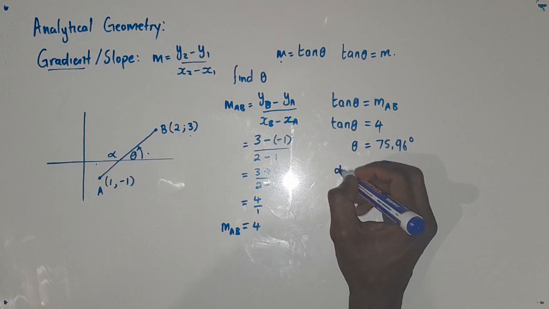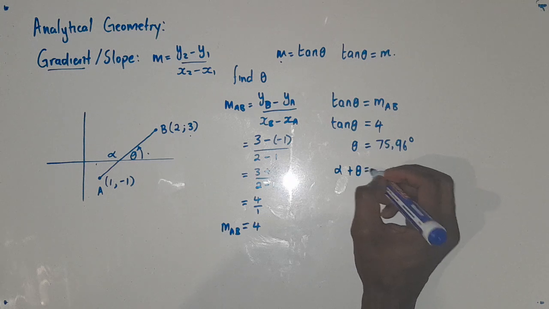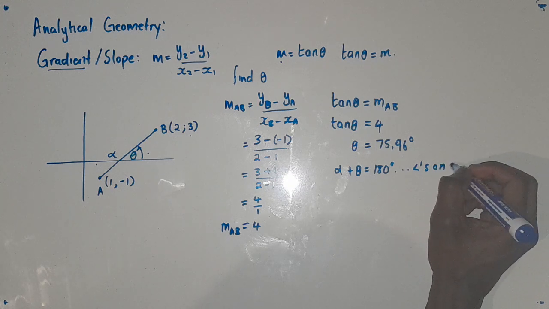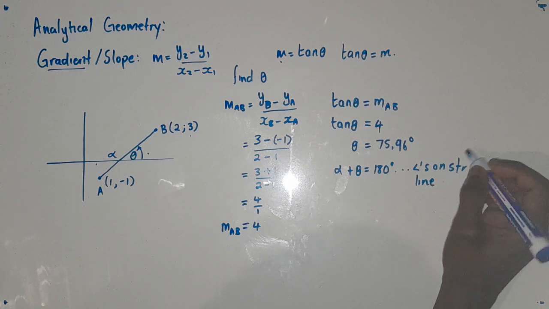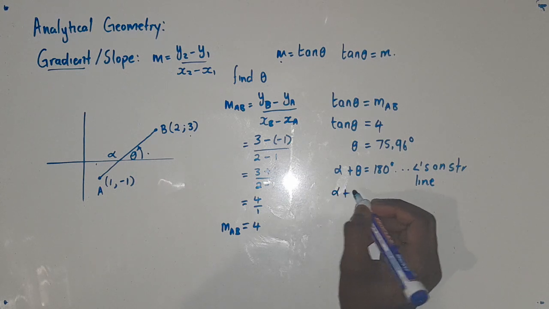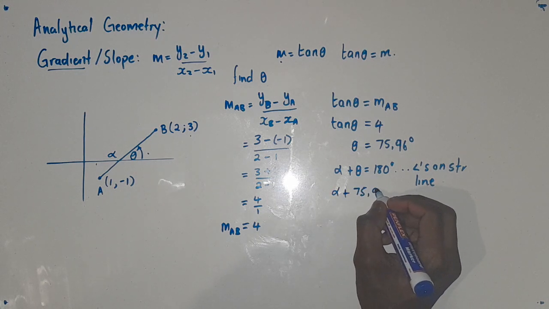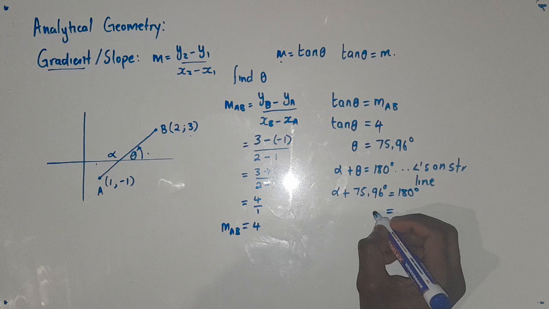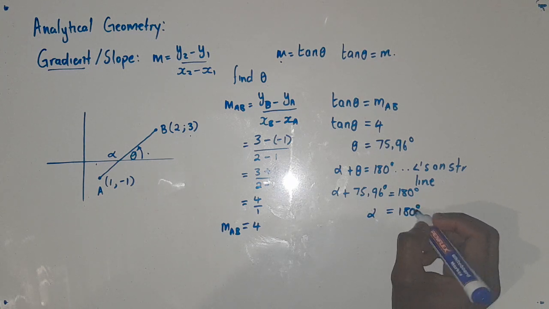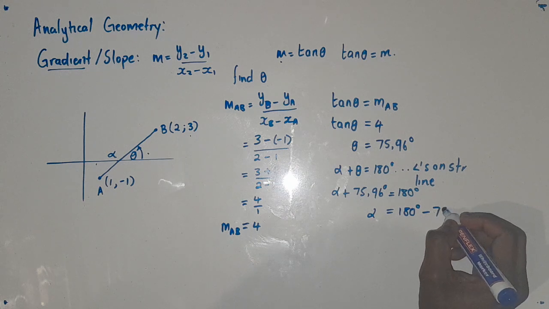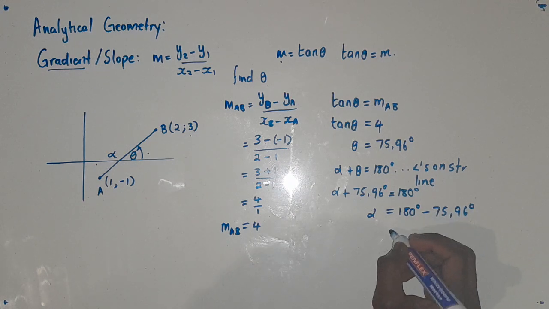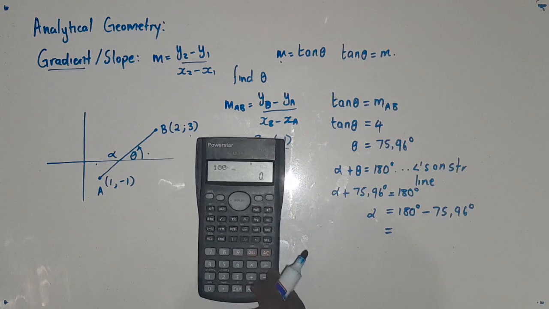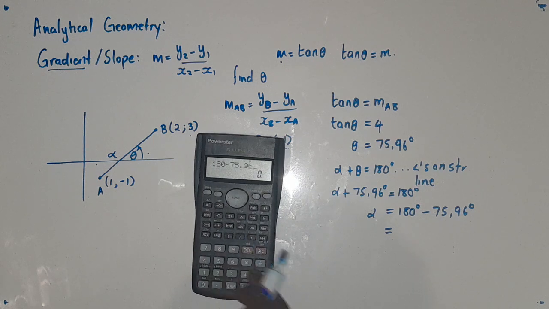Then we can just say alpha plus theta is equal to 180 degrees, because angles on a straight line. This one we already have, 75.96 degrees. Then alpha is going to be 180 minus 75.96, taking this one to the right-hand side.